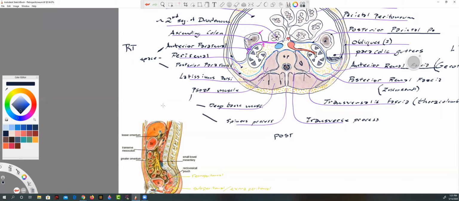They're not even retroperitoneal. They're actually retrofascial. So they're not in either space. They're kind of in their own thing, but obviously we're going to draw them in because it's all right there.